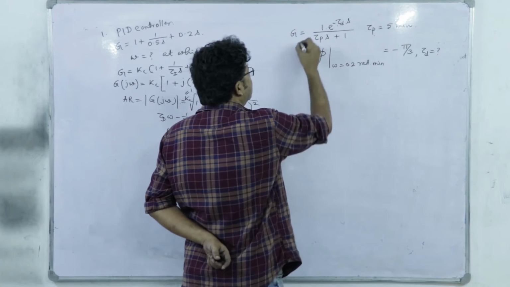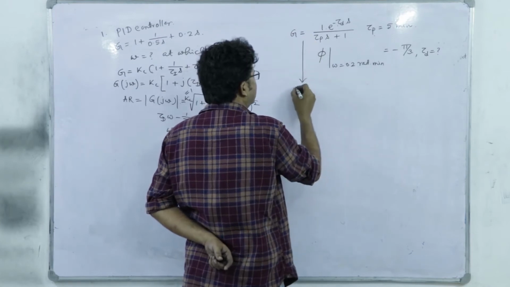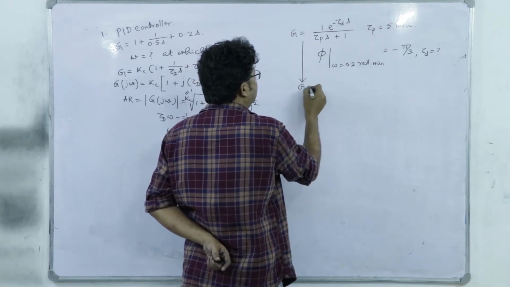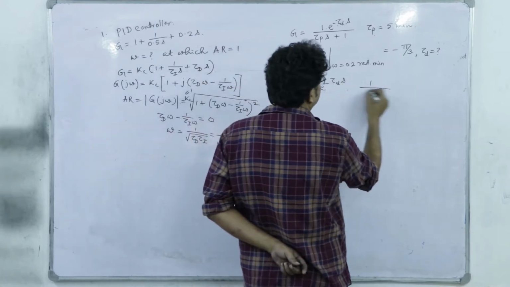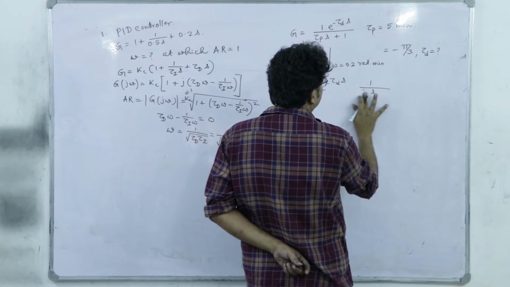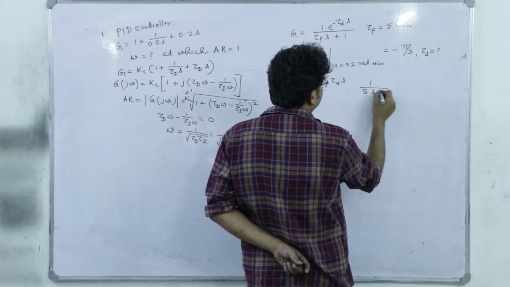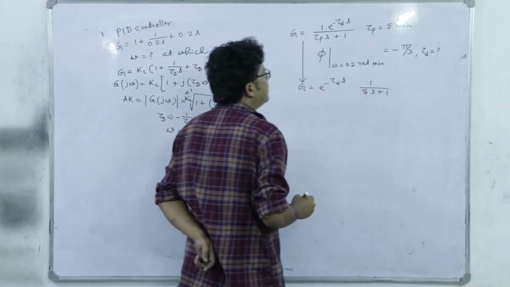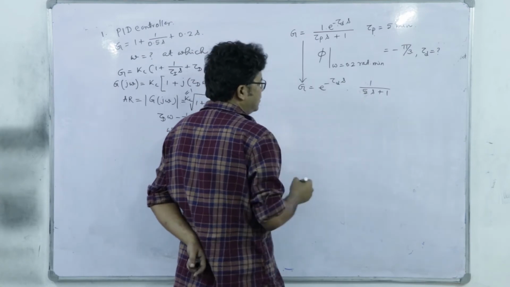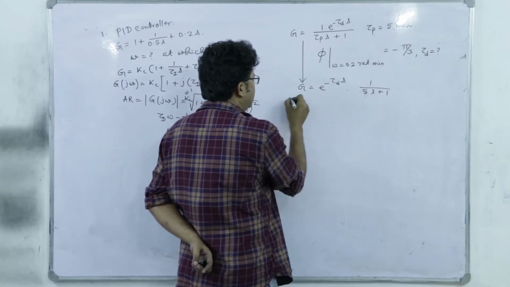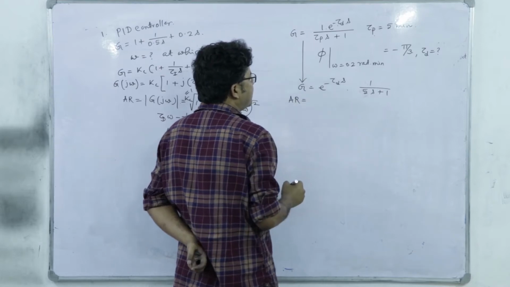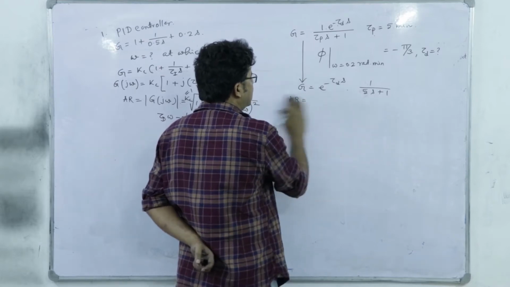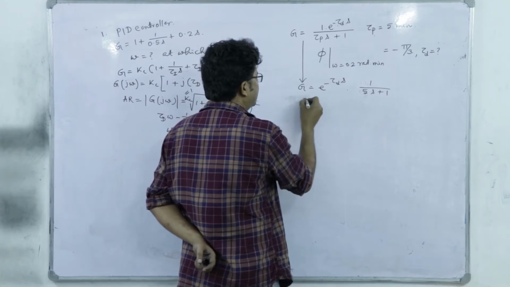Now, we have to calculate what the dead time is. So, G equals e to the power minus tau d s and 1 divided by tau p s plus 1, or 5s plus 1, and this is in minutes. The amplitude ratio we do not have to calculate, only the phase shift.